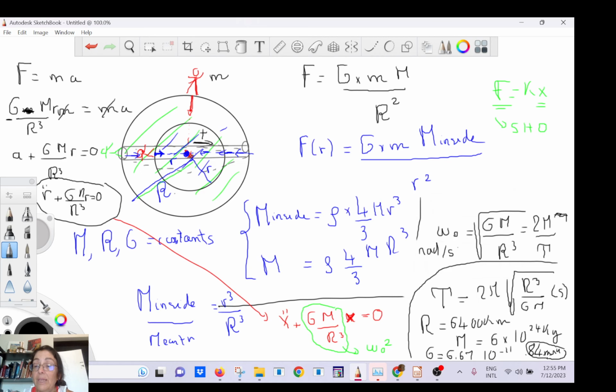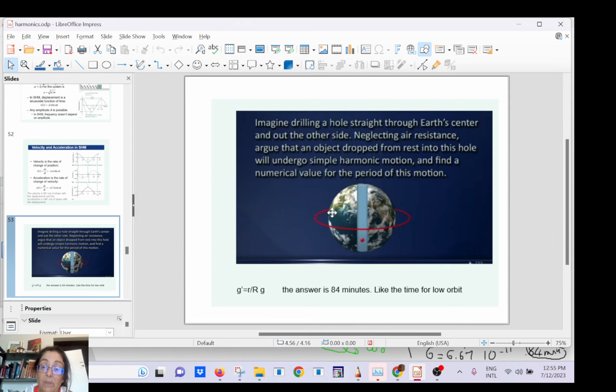So that's super interesting because 84 minutes is the time it takes to go around the Earth in a circular orbit. So the lowest orbit possible, very close to the surface, will take 84 minutes. So is that surprising? You go back and forth and it takes 84 minutes, and you go around, it takes 84 minutes.